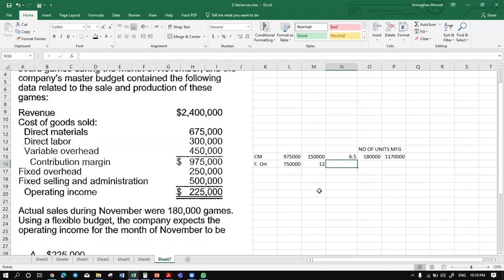Why 12? Because fixed overhead we mainly calculate on a monthly basis, right? It is a period cost, so you will calculate by 12. So what will come here? 750 divided by 12 is 62,500, right? So 62,500 you can add up here.